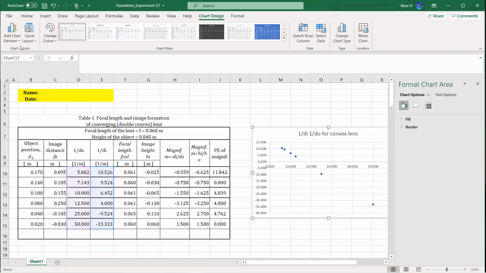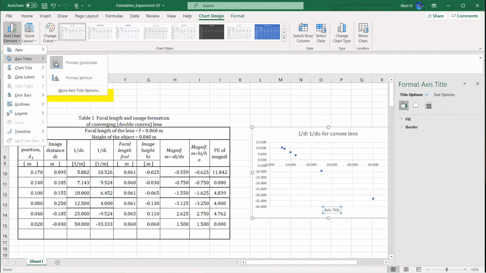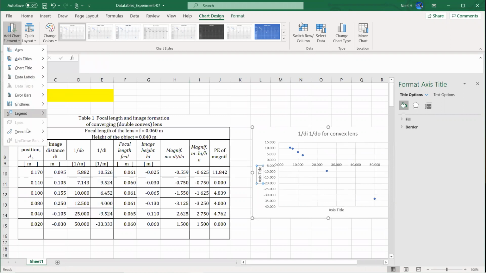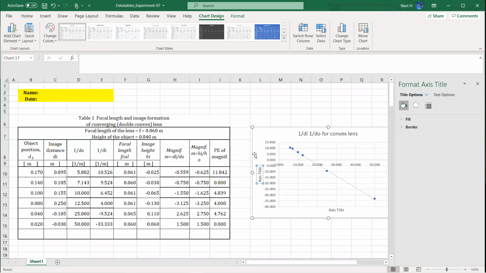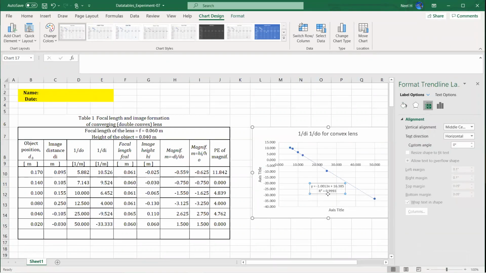In chart elements, we need the axis titles, both axis titles, and then we need the linear trend line, right? With the linear trend line, I need to have the last two options clicked because I would like to see the equation, but don't click set intercept to 0 because this intercept is not 0.